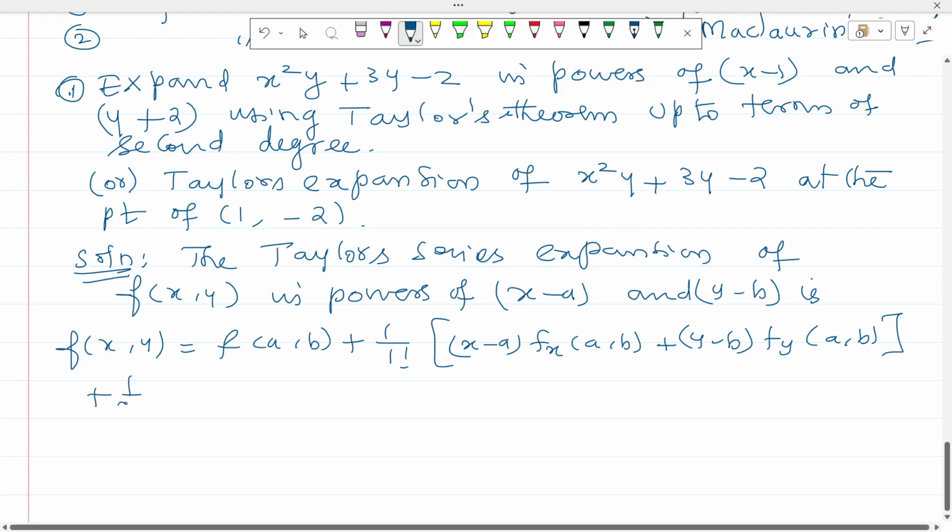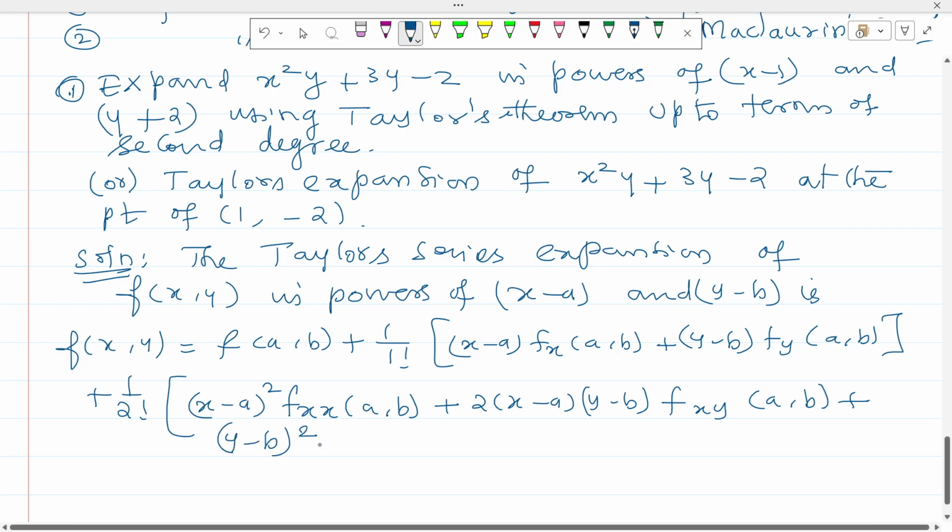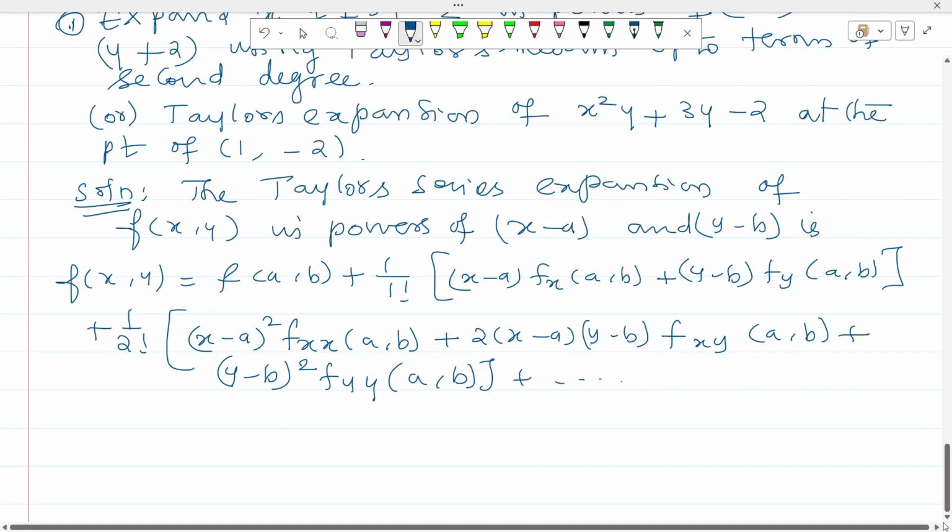Up to second degree we have to write 1 by 2 factorial [x minus a whole square fxx of a comma b plus 2 into x minus a into y minus b fxy of a comma b plus y minus b whole square fyy of a comma b] plus etc. So up to second degree we can find here.